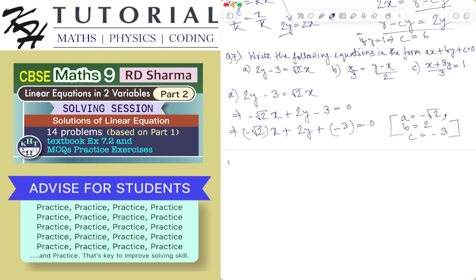Okay. Part B, the given equation is x by 3 equals y minus x by 2. I will do cross multiplication and I will have 2x equals 3 into y minus x. Expand the right hand side: I have 3y minus 3x.